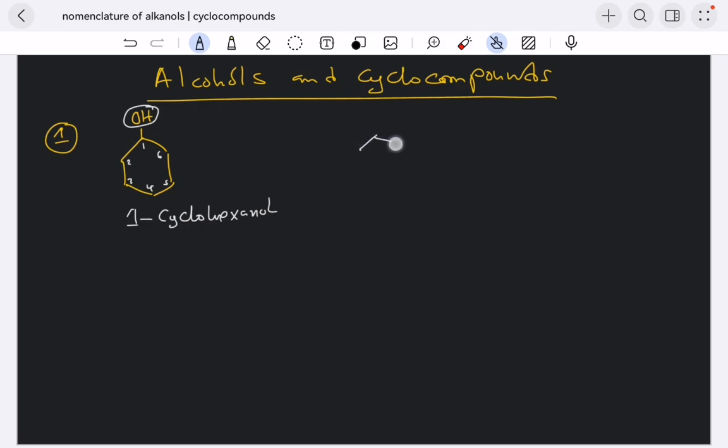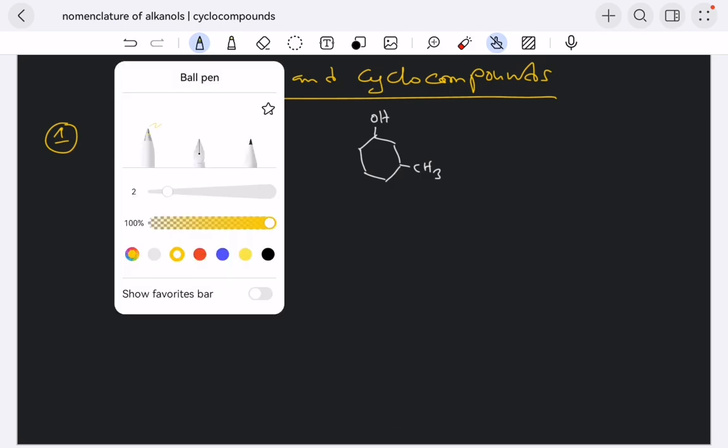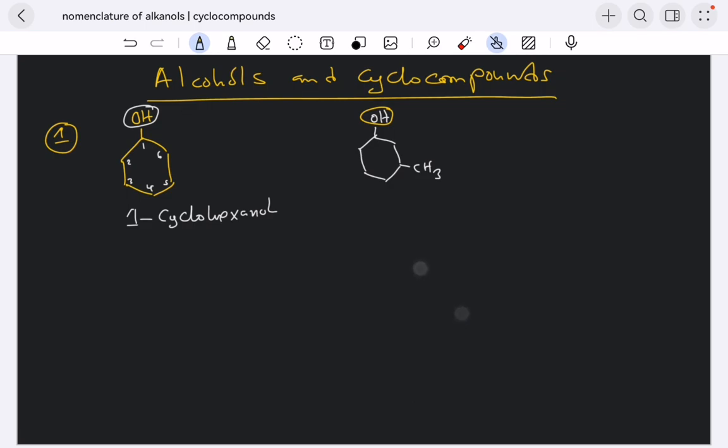Now, if we get the same compound and then we have probably CH3 as a substituent. So when you start counting, you prioritize the hydroxyl. So your counting will be 1, 2, 3, 4, 5, 6.